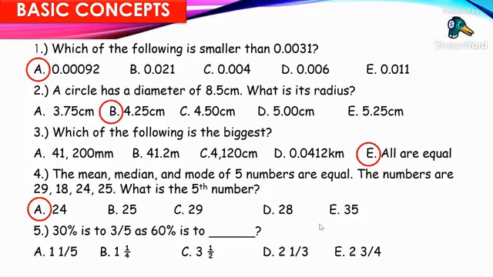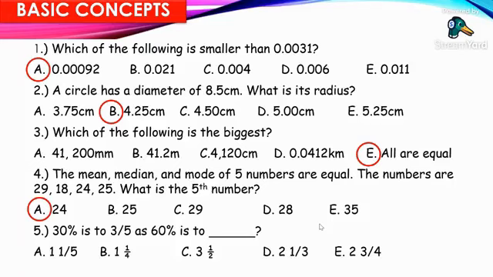Okay, Sir Rowell answered letter A. Okay, Ma'am Madi also answered letter A. Ma'am Jen also letter A. Okay, Isa also answered letter A. Jel also 1 and 1/2.